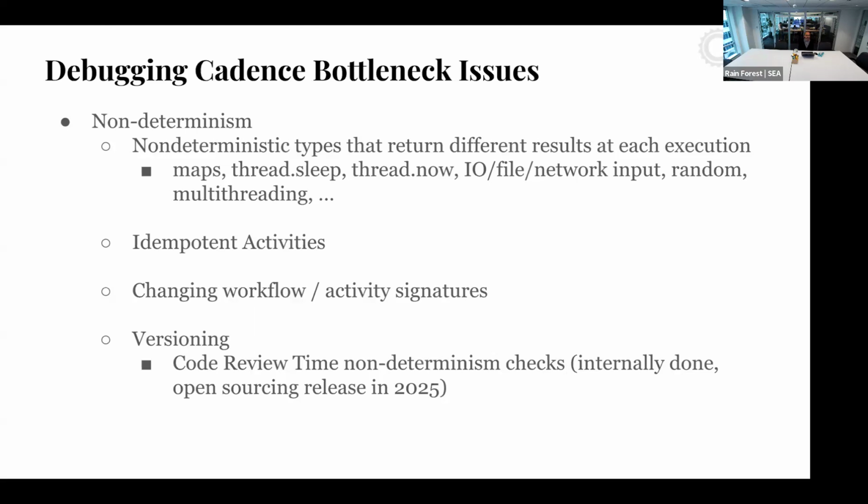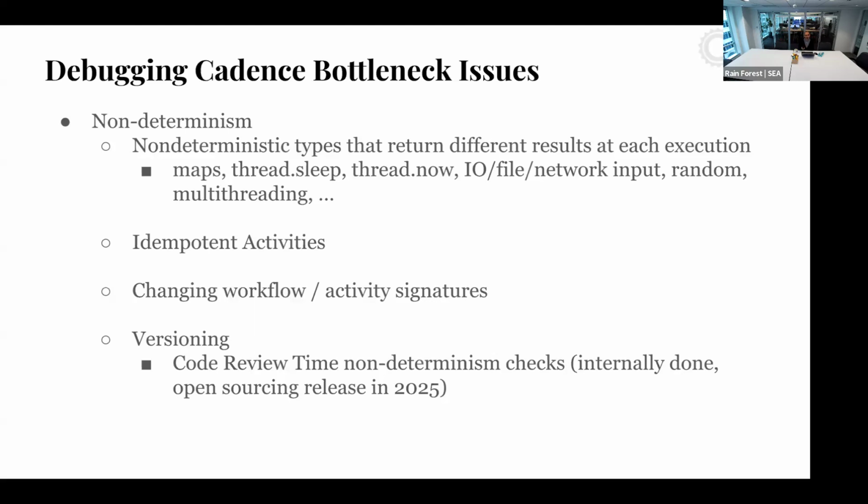We didn't have a chance to release it to open source yet, but this is hopefully coming in 2025. This reduced and almost, I think, eliminated all the non-determinism related incidents that our users used to have. What we did was, when you send a code review, you can run a command once that will integrate with your production environment.